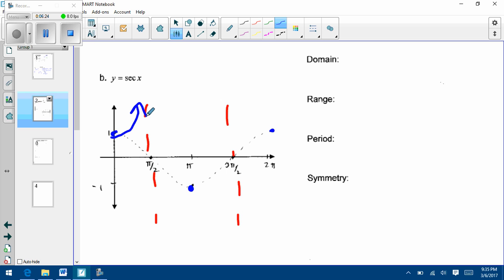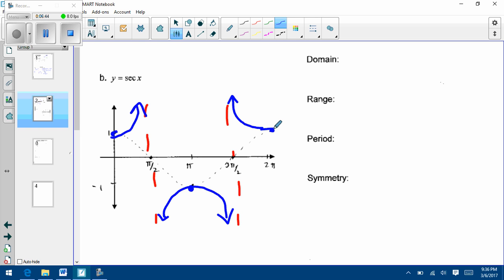In between pi over 2 and 3 pi over 2, you get, again, this kind of upside down parabola looking shape in the middle. And then between 3 pi over 2 and 2 pi, again, you're going to approach that vertical asymptote as you get close to 3 pi over 2. And then at 2 pi, the y value there is, in fact, 1.